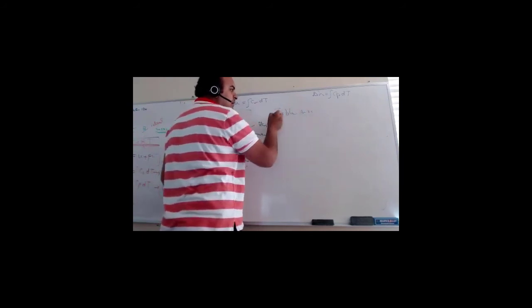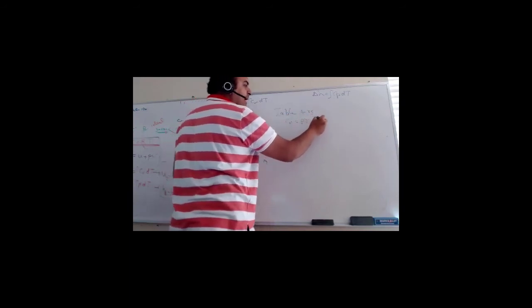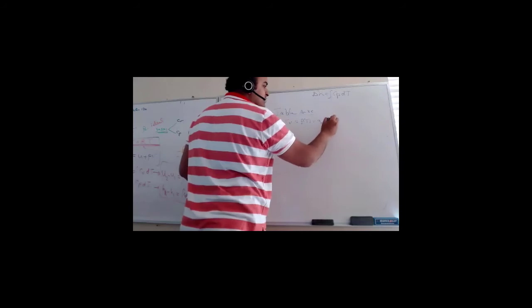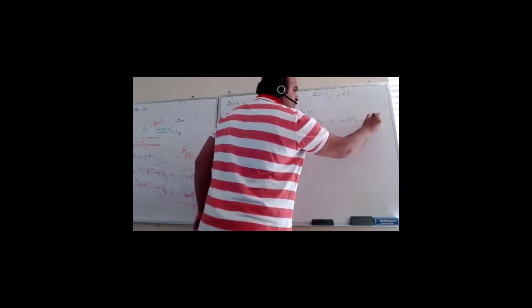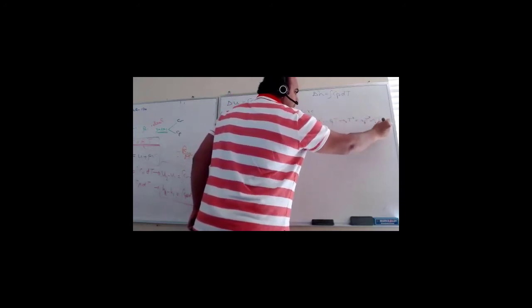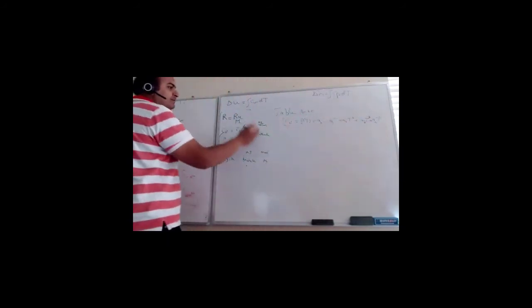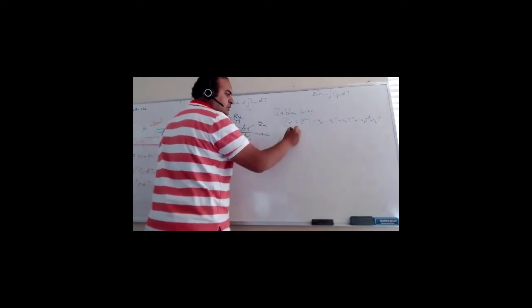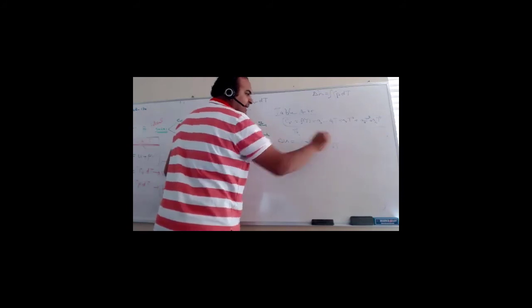In table A2A, you'll find Cv bar or Cp bar as a function of temperature. For example, a polynomial like A0 plus A1 T plus A2 T squared plus A3 T cubed and so on. If I want delta U, you're an engineer, you can integrate from T1 to T2. Put this here, multiply by dT, and integrate.